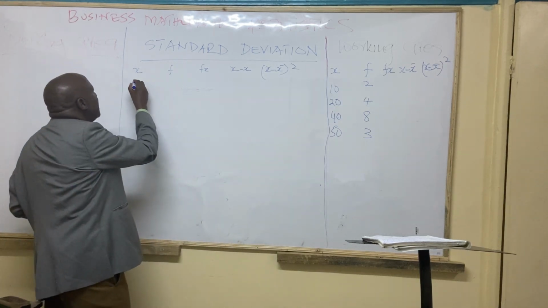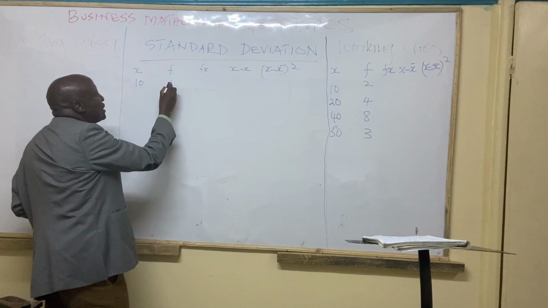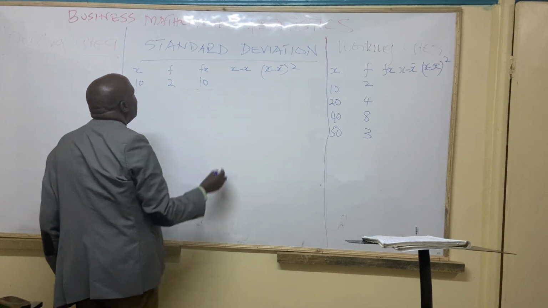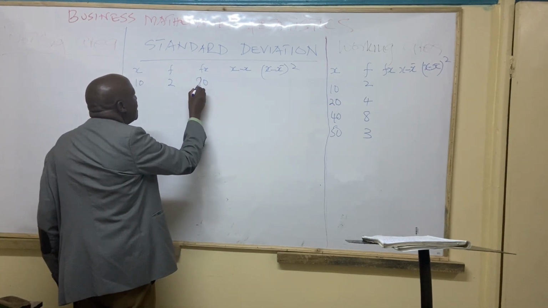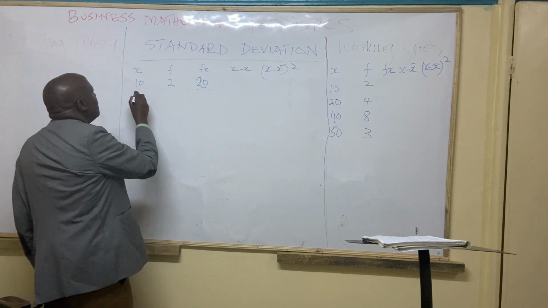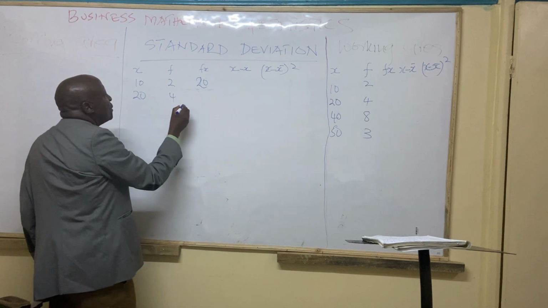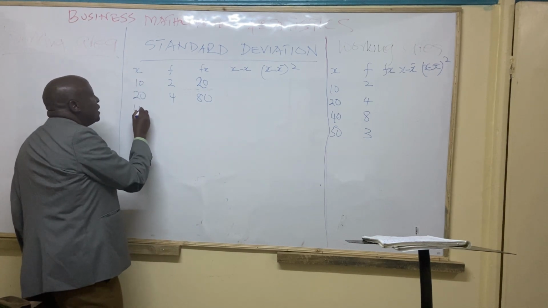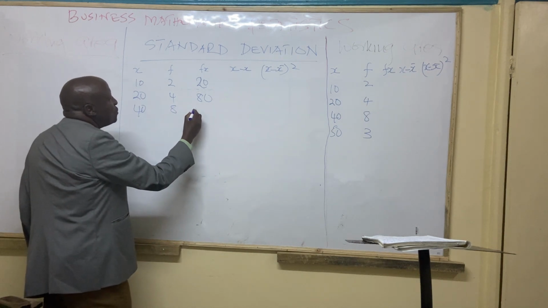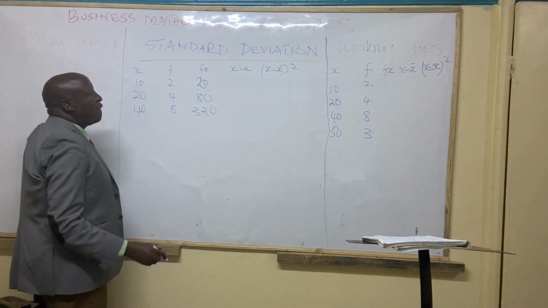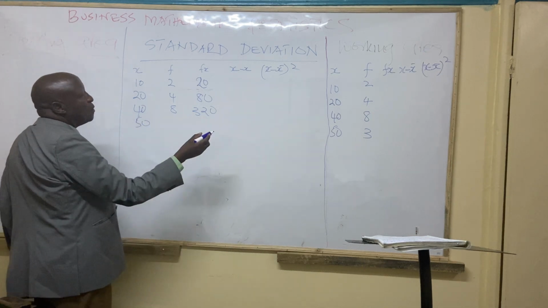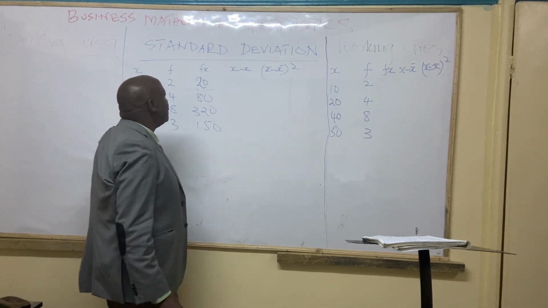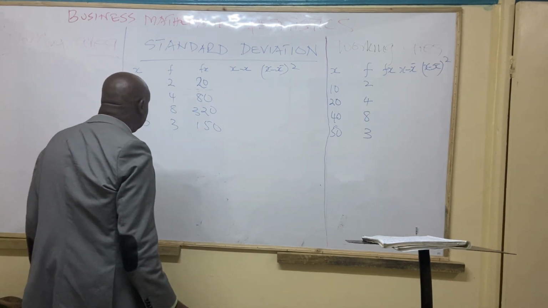So we'll say 10 appears how many times? 2. 10 times 2 will be 20. 20 times 4 will be 80. 40 by 8 would be 320. And then 50 by 3, 150.